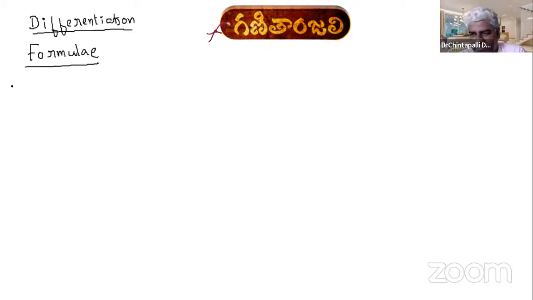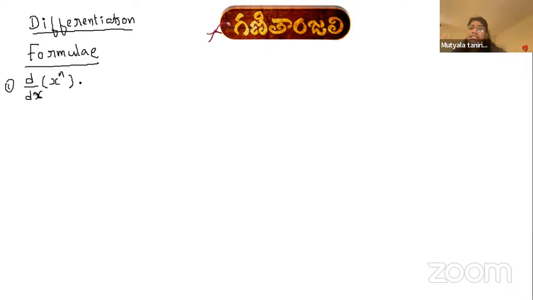The first formula. Another symbol to write differentiation is d by dx. It is called derivative. Differentiation of x to the power of n. Do you remember the formula? Yes, sir. That is n times x to the power n minus 1. Right.